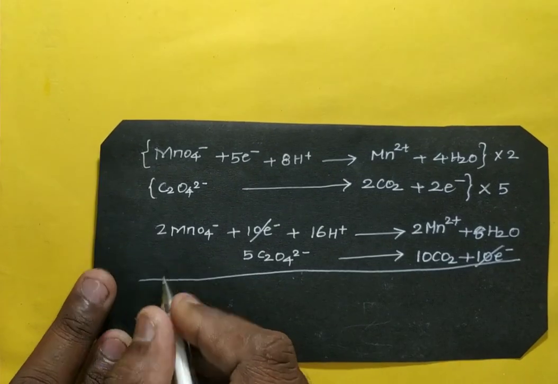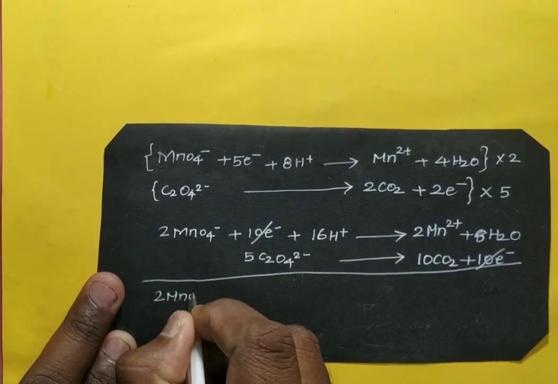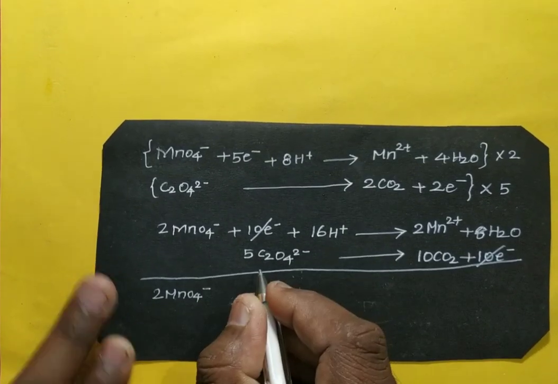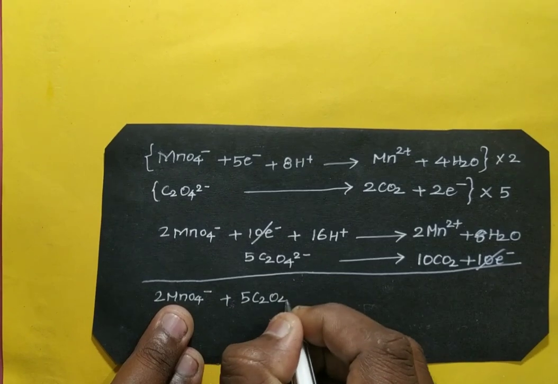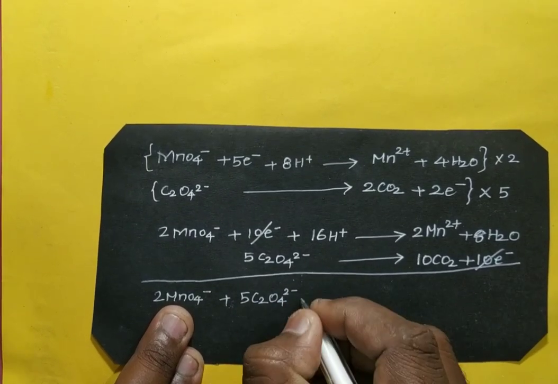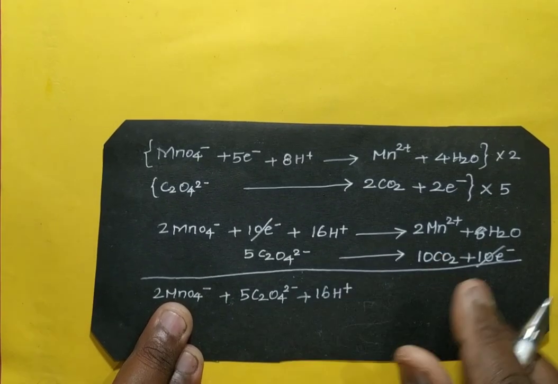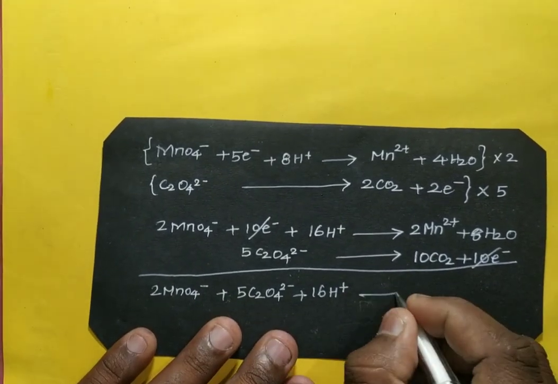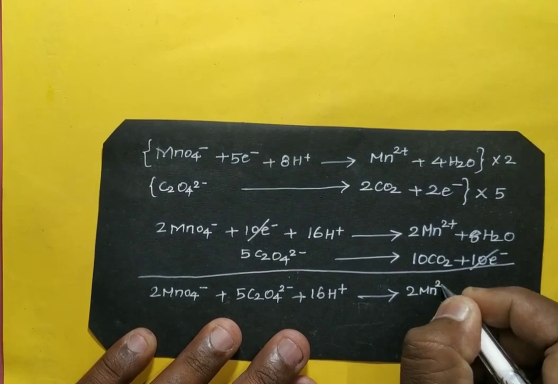Now we can write the reaction. That is 2 MnO4 minus with 5 C2O4 2 minus. The reaction takes place in presence of an acidic environment. That's why 16 H plus is there. Along with that 2 Mn2 plus.